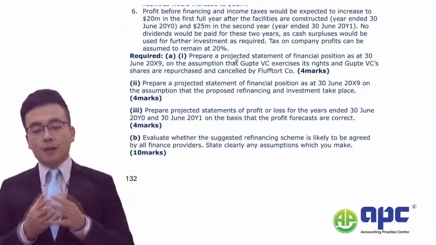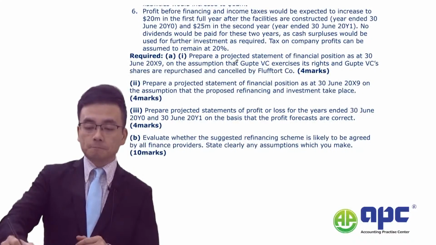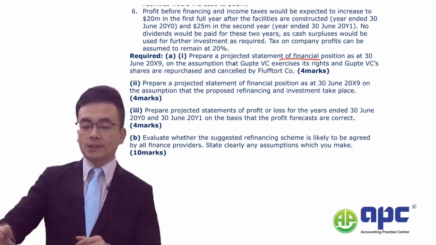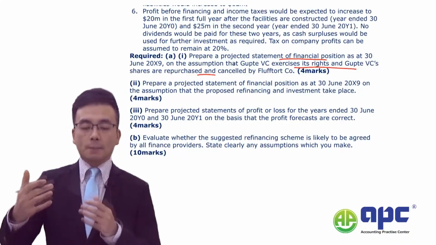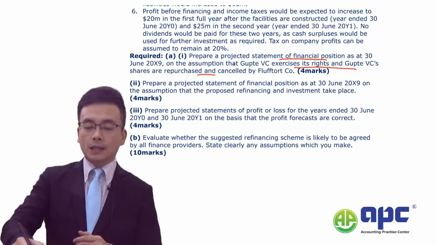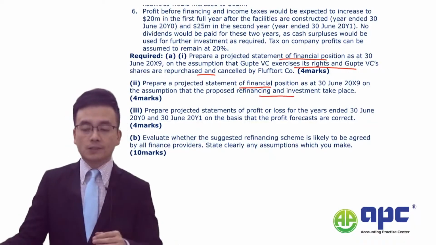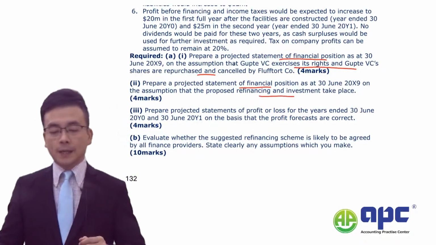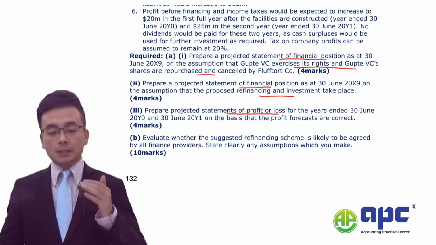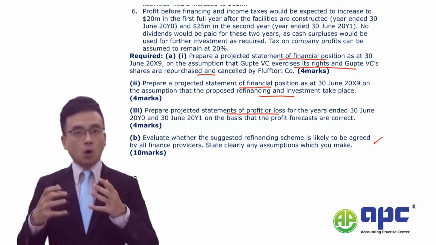We're required in part 1 to prepare a projected SFP on the assumption that we exercise the right to repurchase the shares. Part 2, prepare an SFP on the assumption that the refinancing investment takes place. Part 3, prepare the forecasted P&L. And part B, evaluate what you've done.